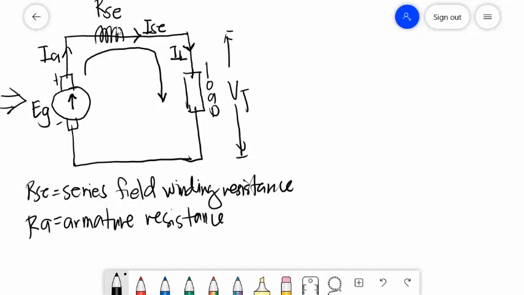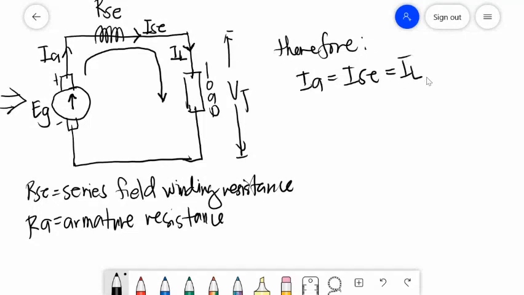RA, RSE, and the load resistance are in series. Therefore, IA is equal to ISE and it is equal to IL.